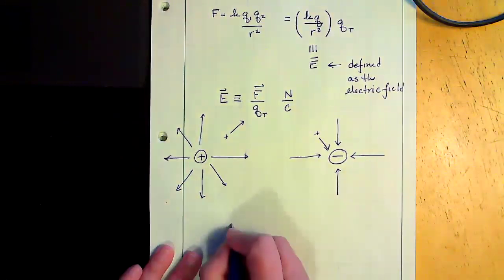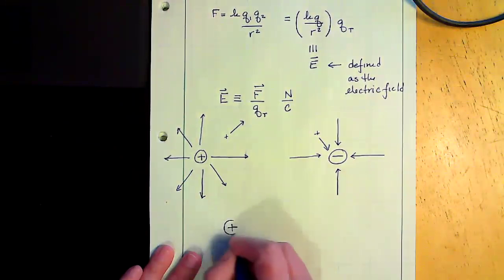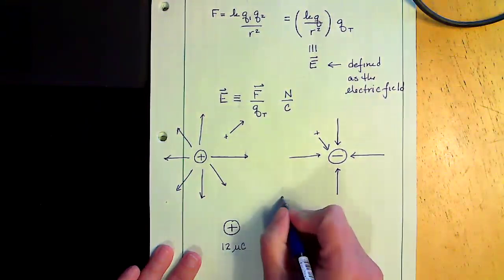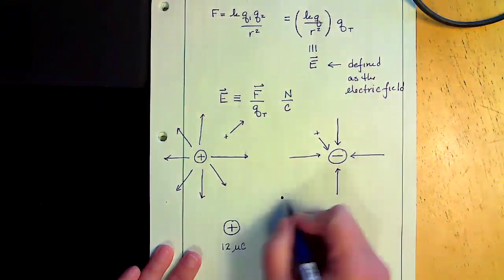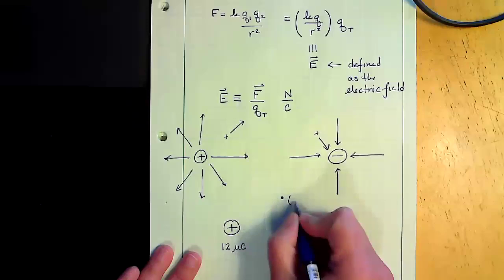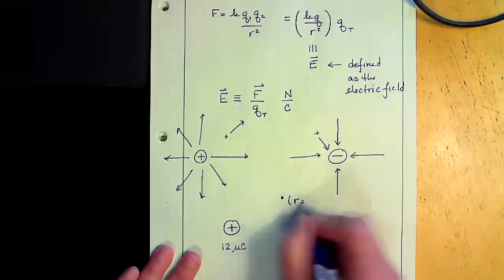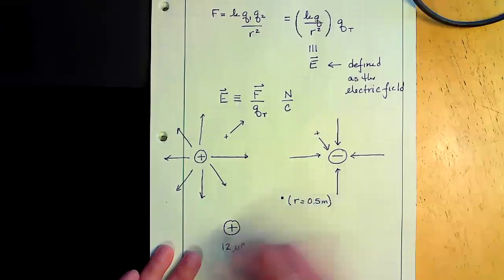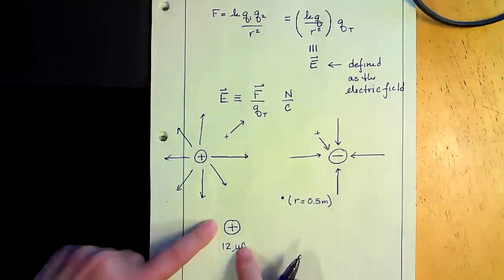If I have a charge here, we're going to give ourselves a 12 microcoulomb charge. We want to know what the electric field is at this point, that is, R is equal to 0.5 meters away from this charge distribution.